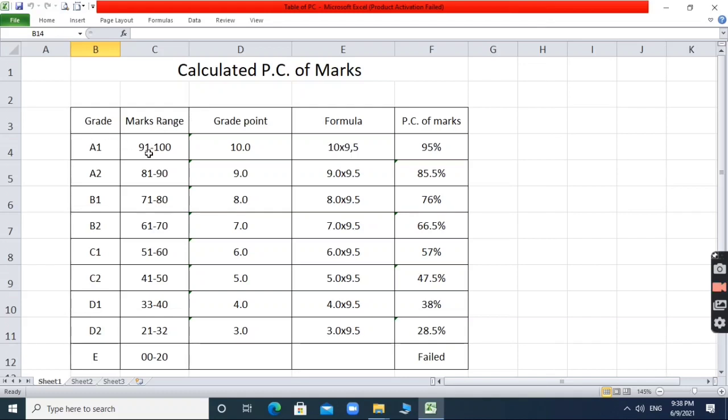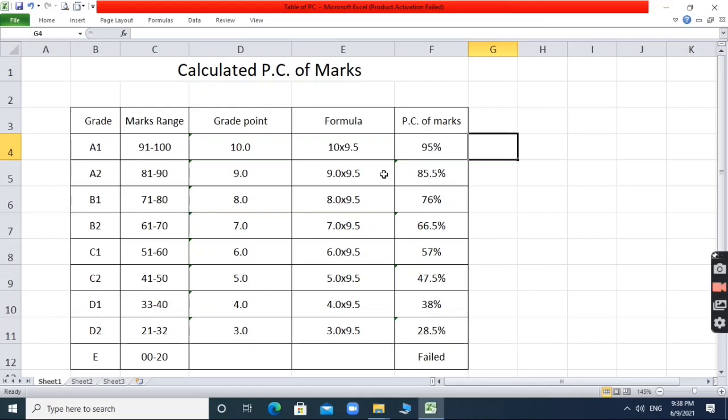Grade A1, marks range 91 to 100, grade point 10, and the formula is CGPA times 9.5. This is 9.5, and it stands for 95%. And A2, 81 to 90 marks, grade point 9, and it will be 85.5%.